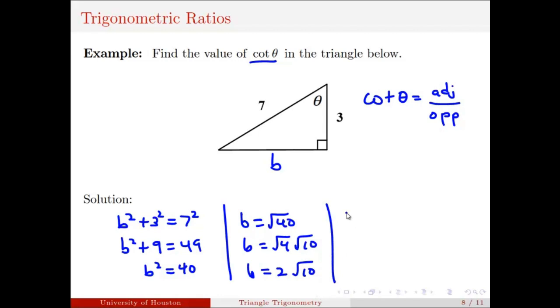Finally, we have that cotangent of theta is the adjacent length, which is 3, divided by the length of the opposite side, which is 2 square root of 10. If we choose to rationalize this number, then we would multiply by the square root of 10 over the square root of 10, which gives us 3 square root of 10 over 20.